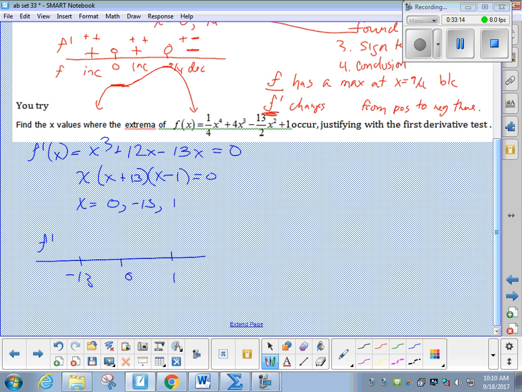What did your sign chart for f prime look like, starting at the left? Negative, positive, negative, positive. Because at 0 slopes, that indicates it went decreasing, flat, increasing, flat, decreasing, flat, increasing.